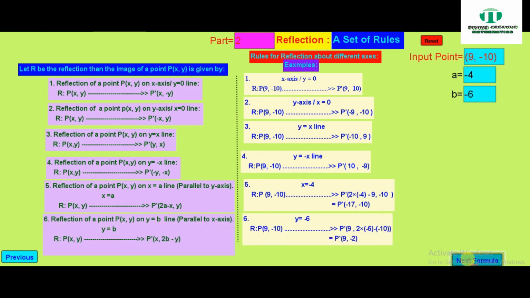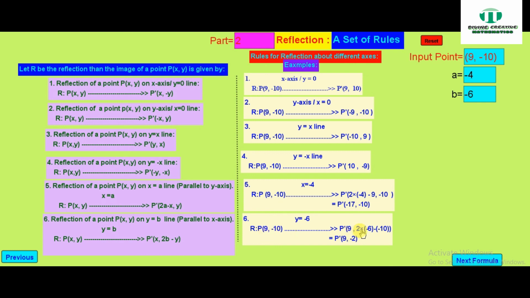Okay, next formula, number 6, reflection of a point P(x, y) on y equals b, a line parallel to the x-axis, is given by P(x, y) tends to P prime (x as it is, and the product of 2 and b minus y). For example number 6, the image of P (9, minus 10) under the reflection axis y equals minus 6: x is as it is, so I wrote 9 as it is.